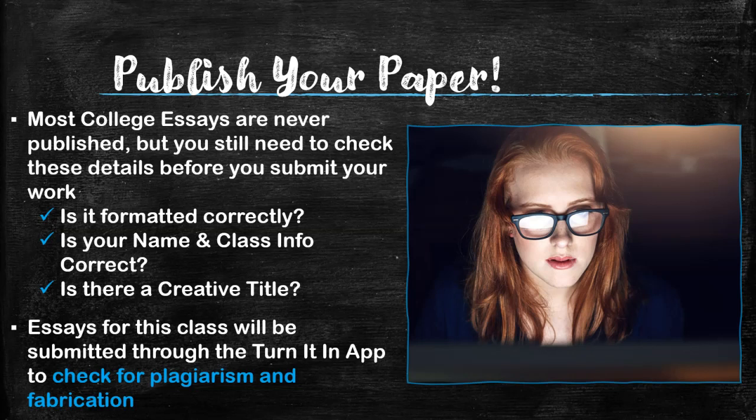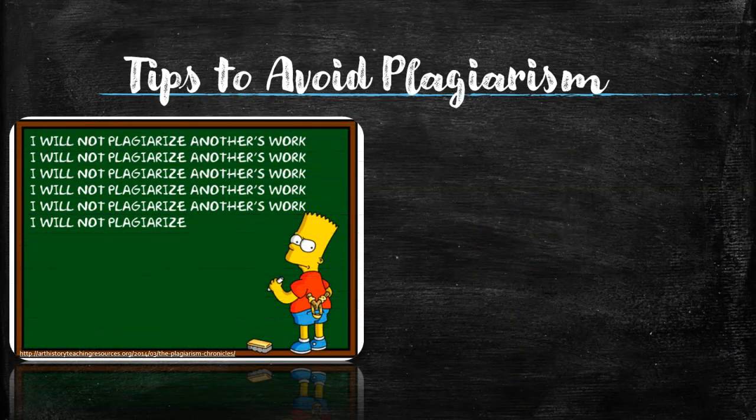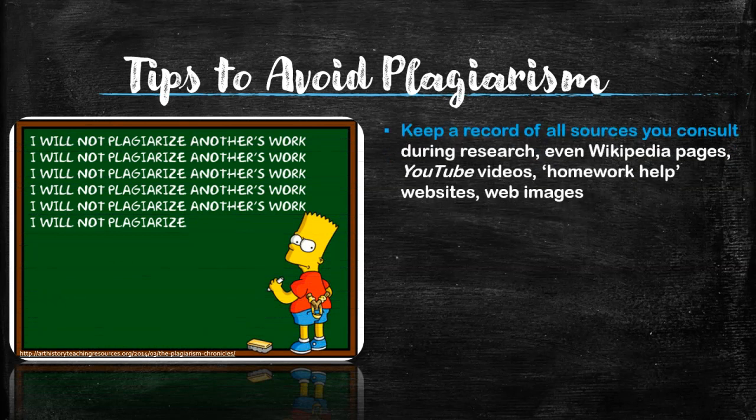All right, so after you check that everything is formatted, all your T's are crossed, your I's are dotted, you also want to double check to remember that you have not plagiarized anything. So one way to do this is to really keep a diligent record of all of the resources that you consult during your research.